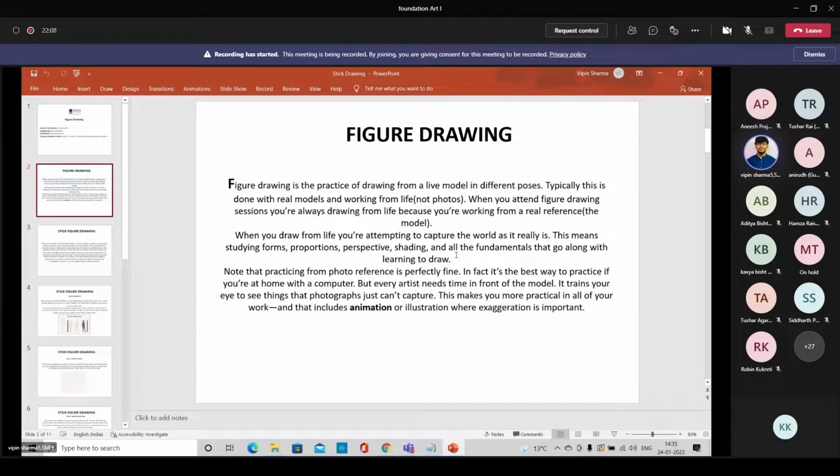First we learn to convert three-dimensional into two-dimensional, and then with the reference of the two-dimensional, we have to convert it into three-dimensional when you work as a character modeler, right? So that's the basic process. Okay, so it trains your eyes to see things that photographs just can't capture.